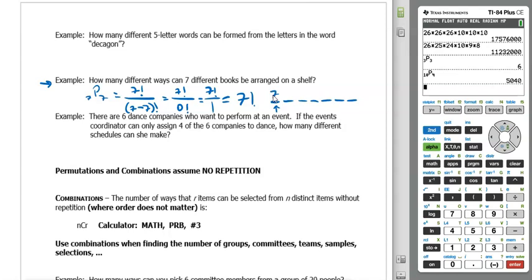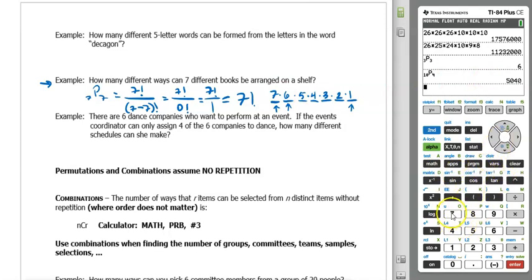Once you have that book in place, there's only 6 books to choose which one's going to go next to it. Going down, in the last place you only have 1 book left that's not already been put into position, so there's only one way to do the last task. When we multiply all these, this is literally just 7 factorial. It's 7 times itself counting down.